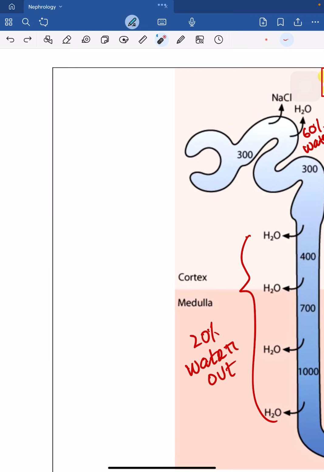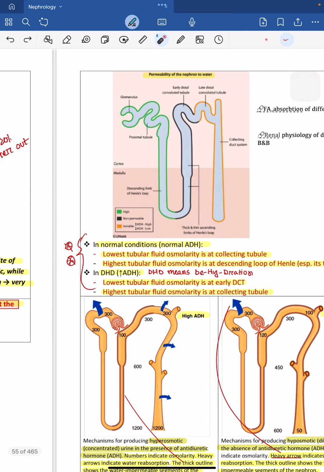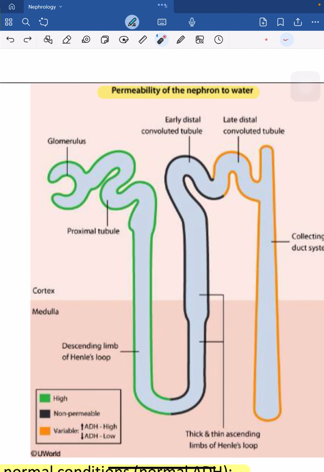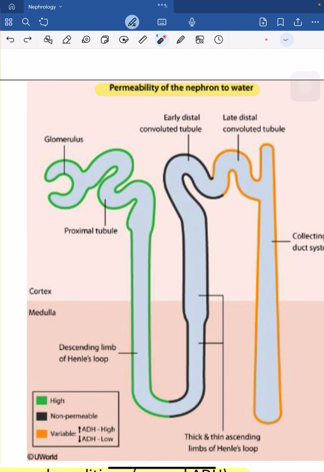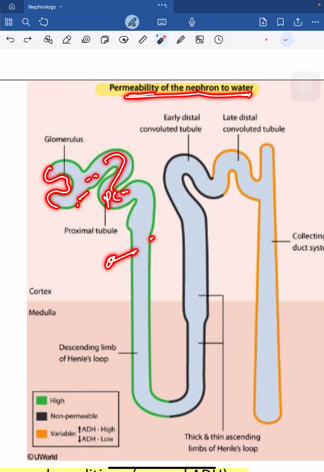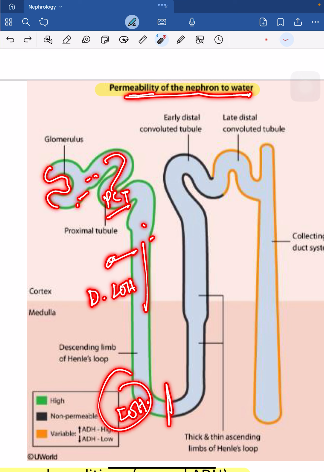Okay, so now I'm going to show you another figure. In this figure, this green colored margin area is permeable to water. This is the permeability of the nephron to water. So the proximal convoluted tubule, then the descending limb of loop of Henle, is permeable to water.